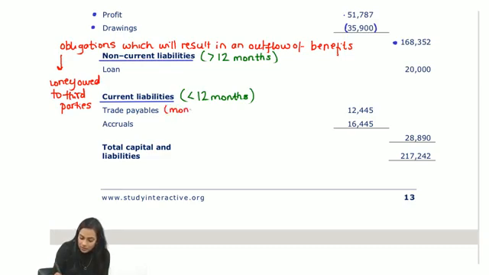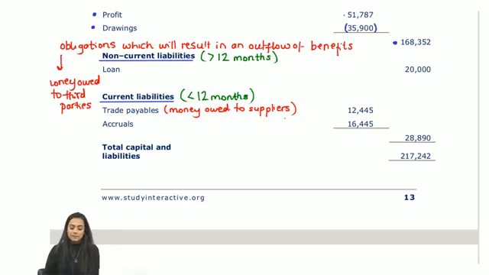So money owed to suppliers. And then another current liability will be accruals, but I'm not going to say much about that. We say chapter 7. So you add it down. Your non-current liabilities is 20,000. Your current liability is 28,890.